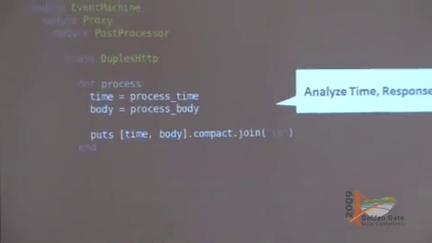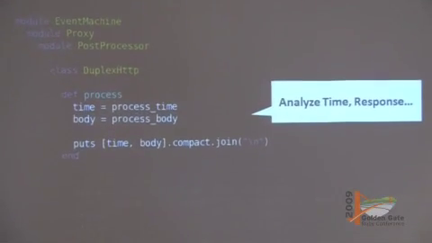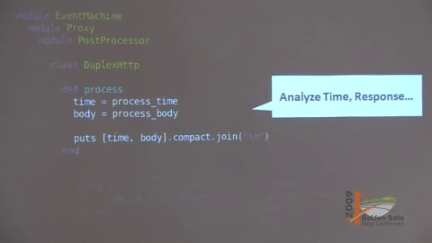All right, and then the last piece of code, which is completely up to you as to how far you want to take it, is the actual PostProcessor. This is where you can do some interesting analysis on everything that's just happened in your system. In this case, both of our connections are already terminated, so we're going to call a process method, and I'm doing some time analysis, and I'm going to process the bodies of both of the responses.